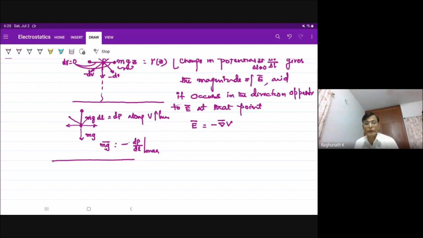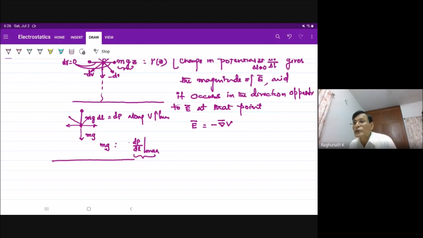Occurring in one particular direction. So you have to understand the gradient as, okay, mg is actually dV by dl max, and the actual direction is minus of that. Max occurs only in a particular direction. Gradient is what?